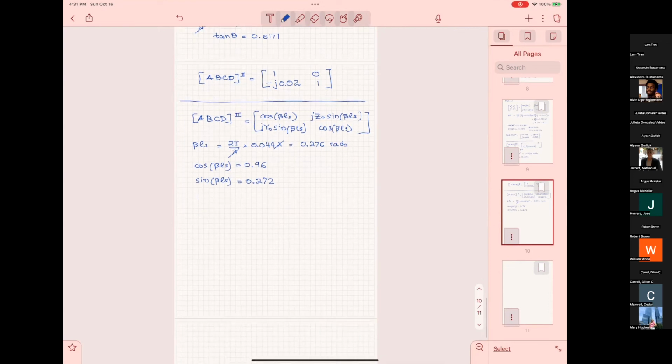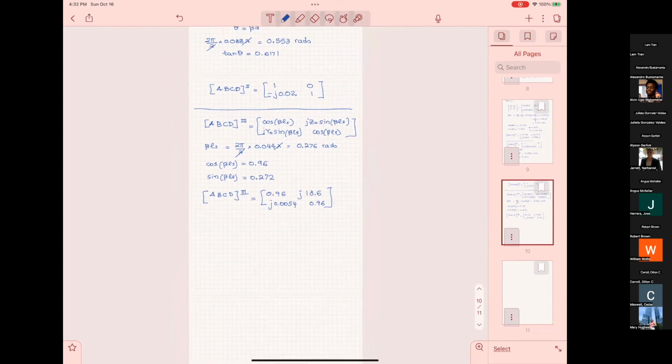And then it makes our ABCD 3 to be 0.96, j times 50 times 0.272, which is 13.6, and then we have 0.272 divided by 50, which is j 0.0054, and then 0.96.